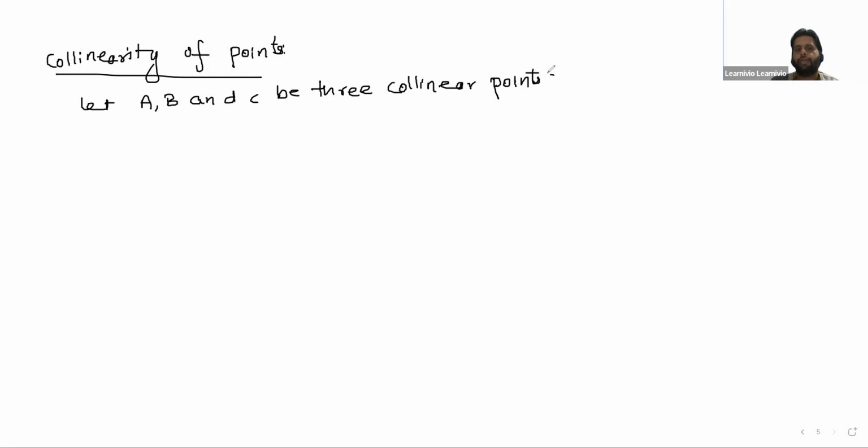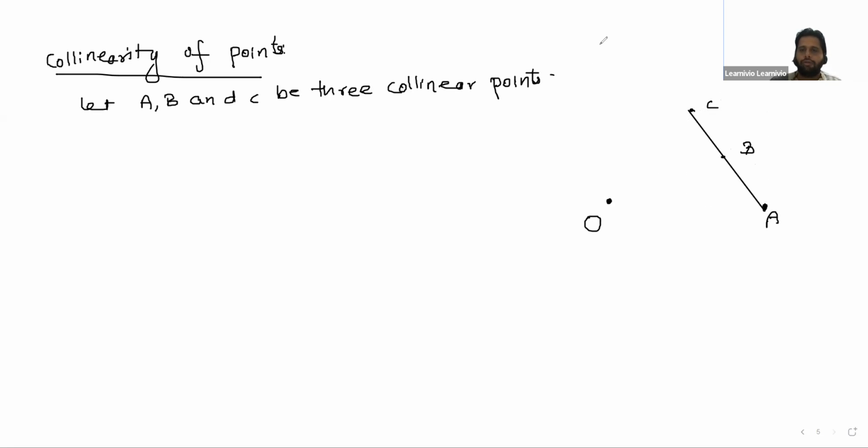For example, this is point A, this is point B, and this is point C. Join these. This is your origin.